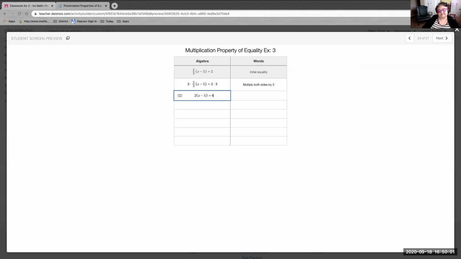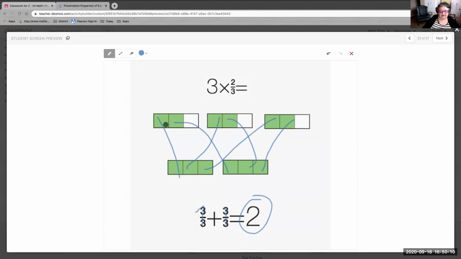Ta-da! I end up with 2 of these, just like this happened over here, right? Because if I had 1/3 here, I would end up with 1, but then I have this extra third, and that's how I get 2.